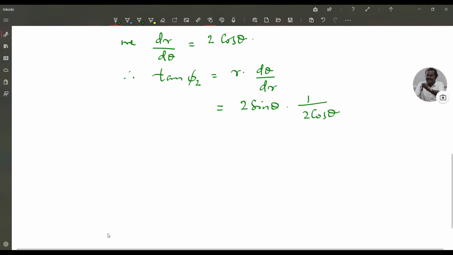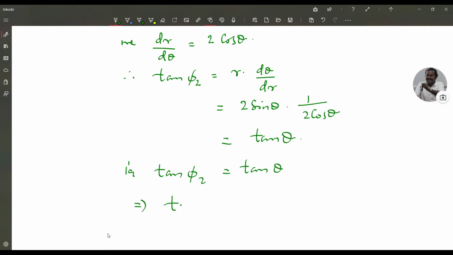So this is tan theta. That is, tan phi 2 is tan theta. At the point of intersection theta is pi by 4, so tan phi 2 is tan pi by 4, and phi 2 is pi by 4.